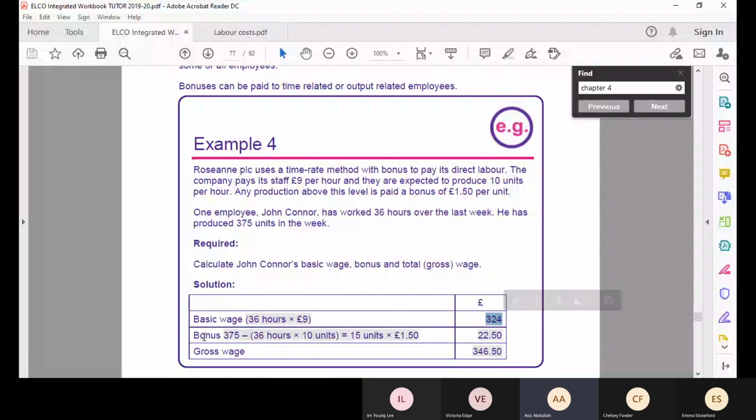Bonus, what is the bonus? 375 units. They're expecting to make 10 units per hour, so it means 36 times 10, 360.